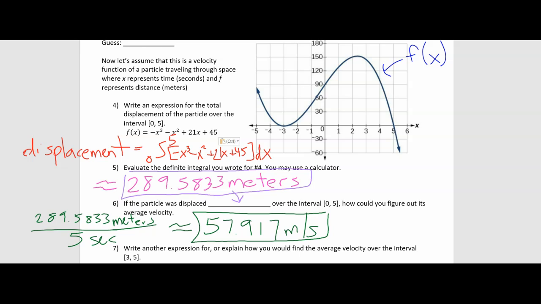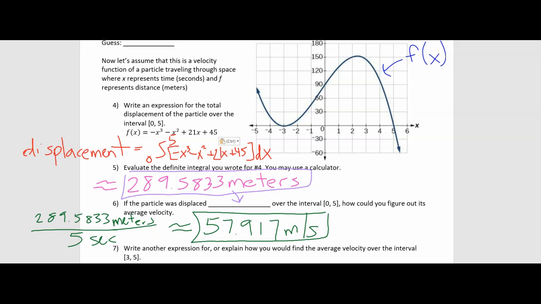And again, if on average they were traveling at a speed, which is the velocity, of 57.917 meters per second, then their displacement would be 289.5833 meters after 5 seconds.